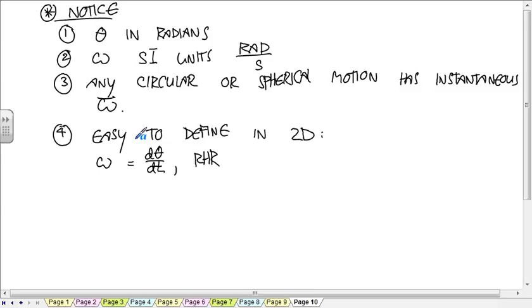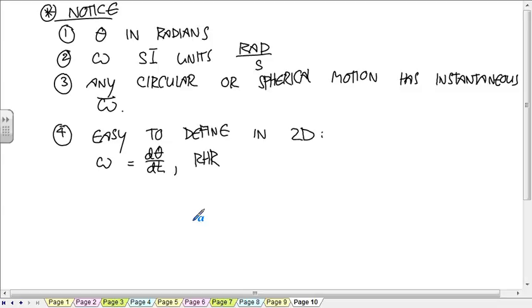So that's why when we're doing problems with circular motion, where something's moving in a plane, you can be given the angular position as a function of time, and you can actually calculate that angular velocity.